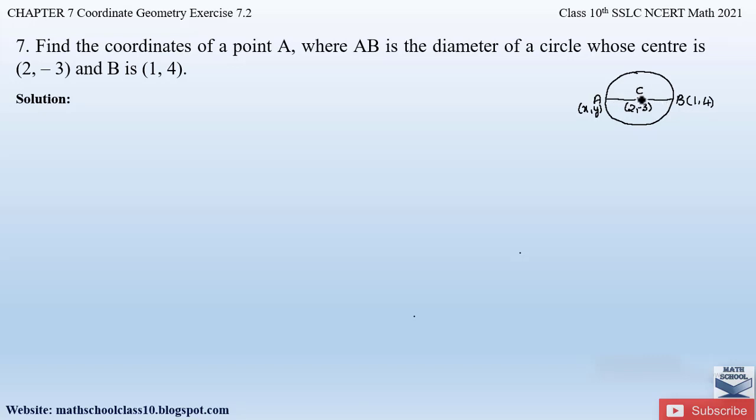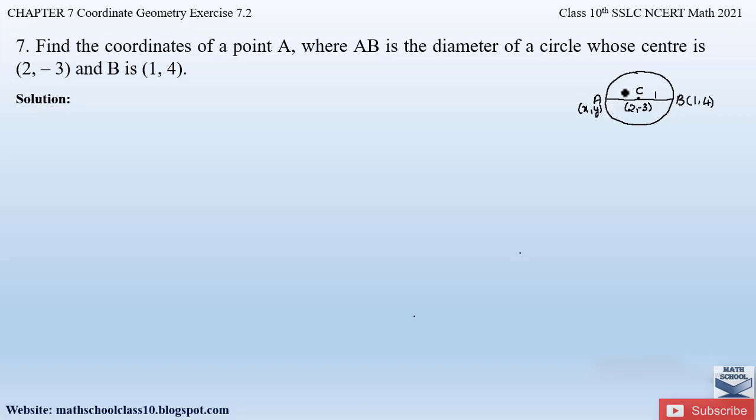If you consider AB as a line segment, then this point C divides the line segment in the ratio 1:1 because C is the midpoint of the diameter AB, right? So here we can apply the section formula since we know the midpoint C and one of the coordinates of the line segment AB, and also we know the ratio. So we have to find out the coordinates of the other point of this line segment AB.